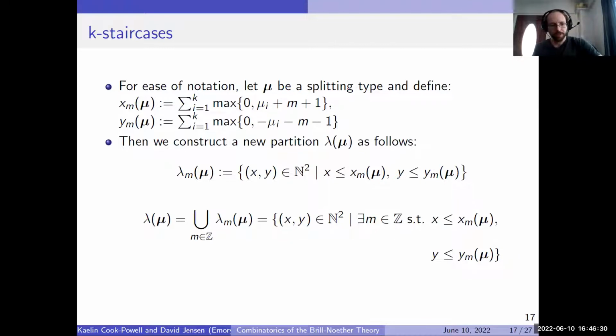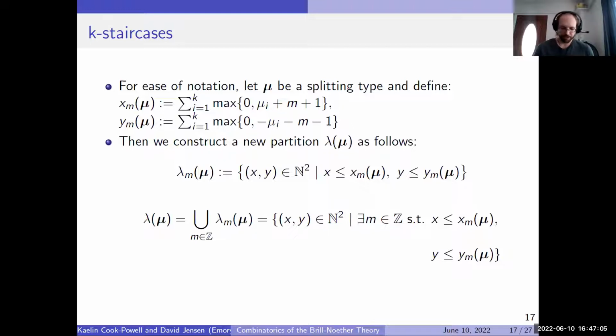So what we do is define a final partition, lambda of mu, associated to a splitting type just by gluing all of these partitions together along the common box in the top right. And I'll do an example of this to try to give you an idea of what I'm saying here. And this will be what we call a k-staircase. This should be the analog of the k-uniform displacement rectangular partitions for Brill-Noether loci.